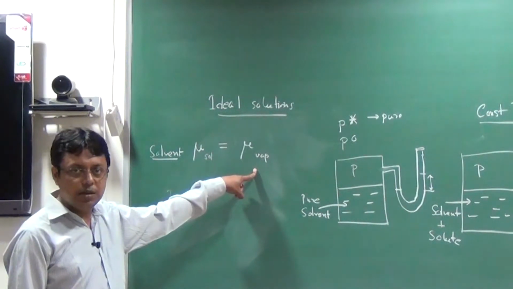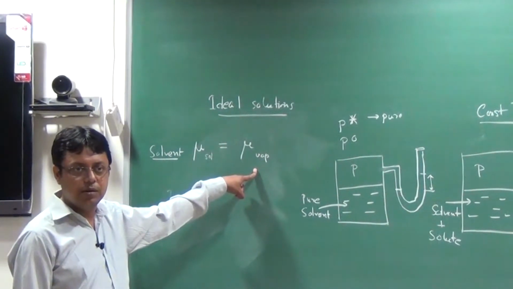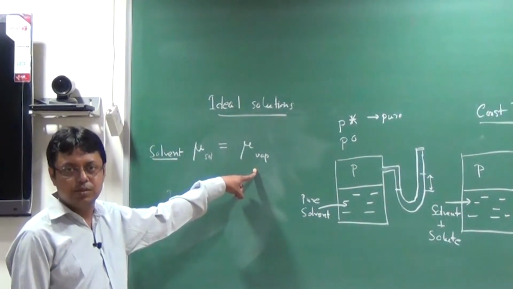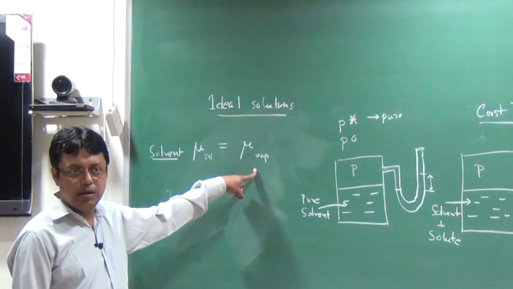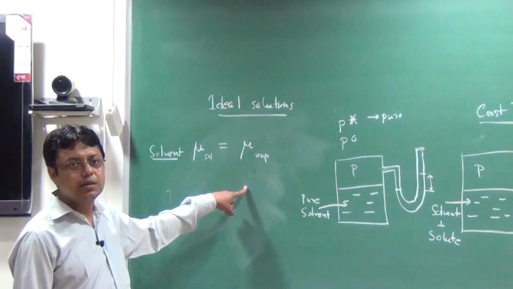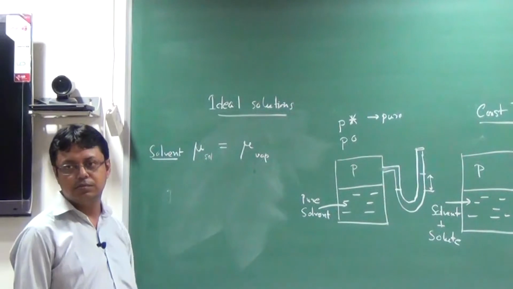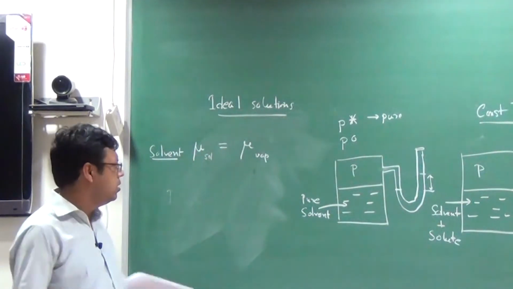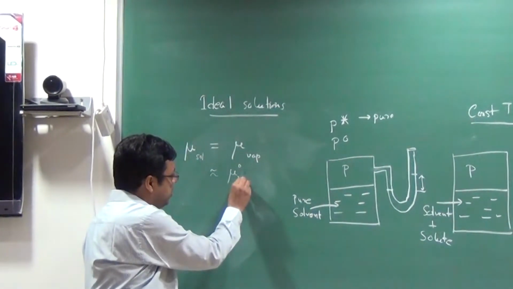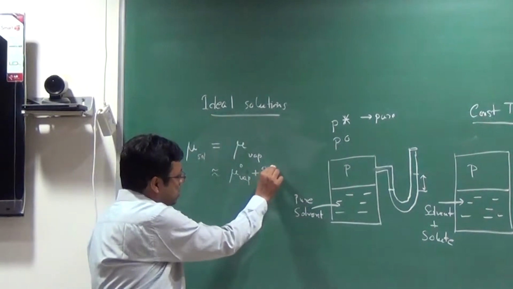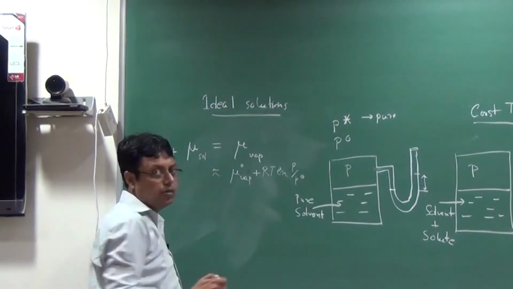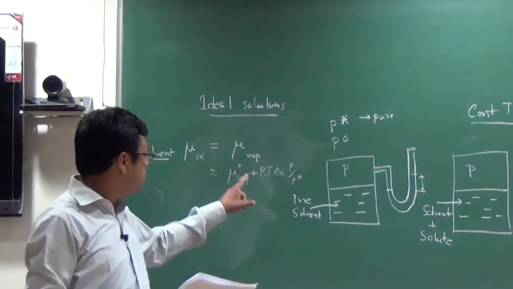At constant temperature it was the VdP term only, and then we replaced that V by the ideal gas equation, and that gave us mu equal to mu0 plus RT ln P. So if the vapor behaves ideally, I can write mu equal to mu0 plus RT ln P, only in that condition. So this is an approximation. It is mu0 of the vapor plus RT ln P by P0. But again, this is for the vapor.